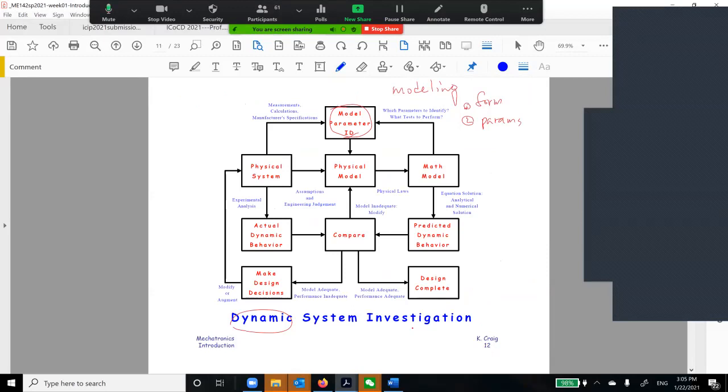So we are going to talk about components, those building blocks. You played with Lego, right? There are only some basic building blocks, then you can build your physical systems.